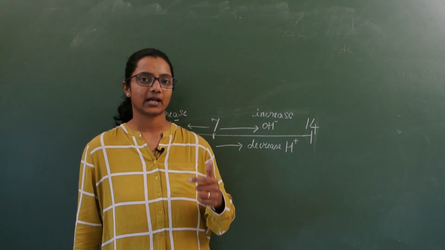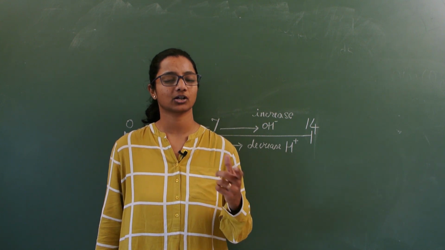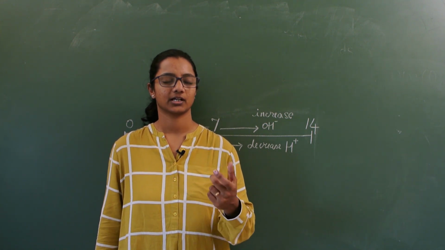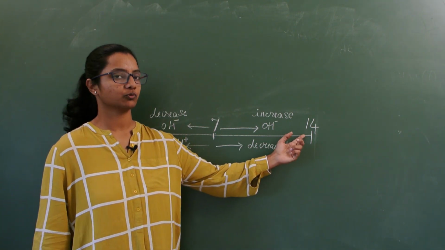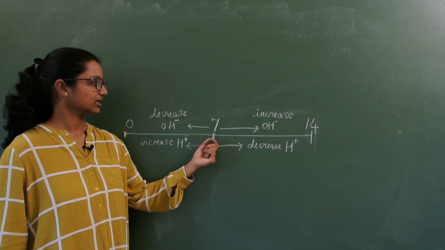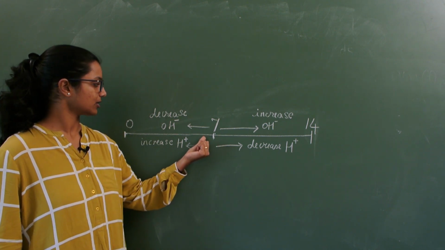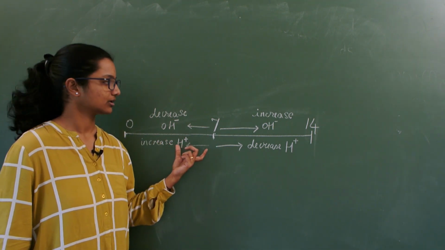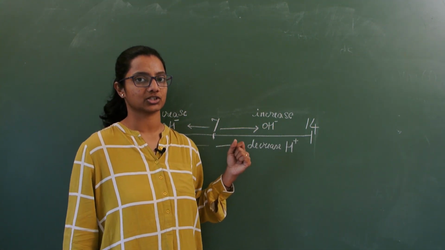So the pH value defines whether a substance is acidic or basic in nature. Number 7 defines where the substance is neutral. Below 7, it's acidic. Above 7 to 14, it's basic in nature.